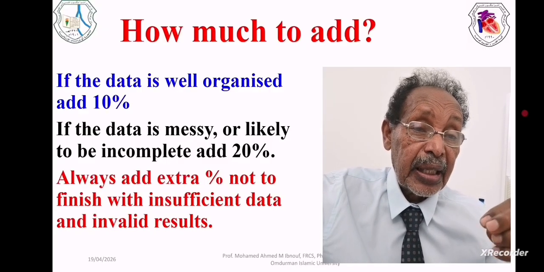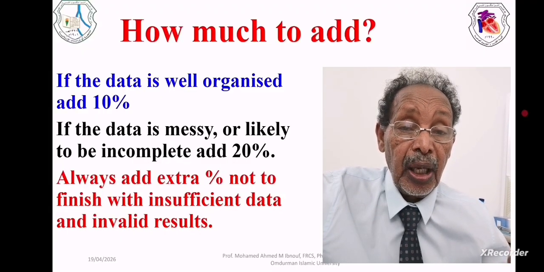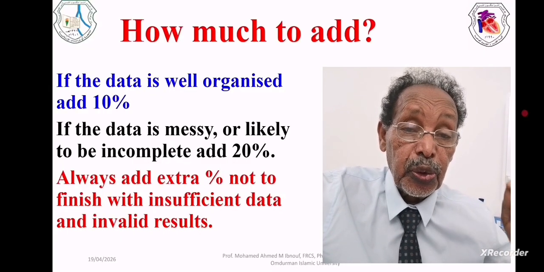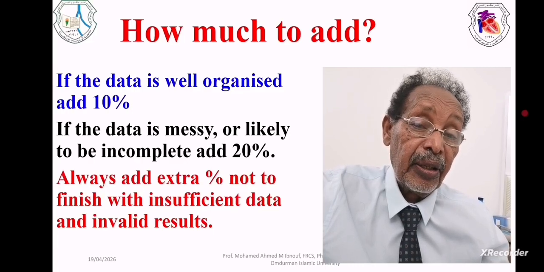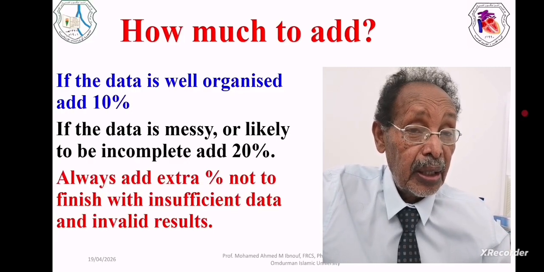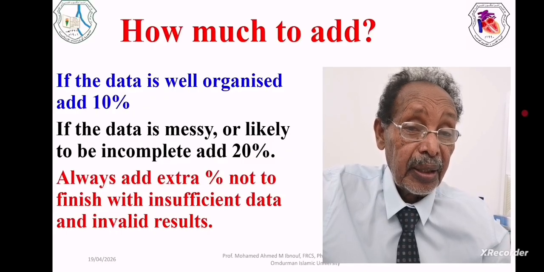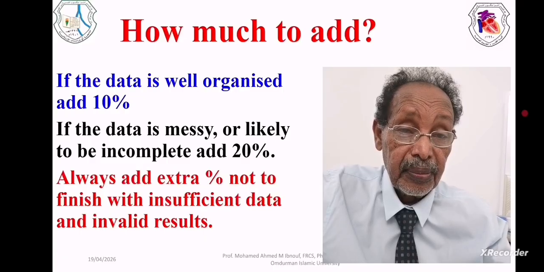Always add an extra percentage, so that you should not finish with insufficient data and hence invalid results. Now this point is clear. Okay, compensation for attritions, for the losses.